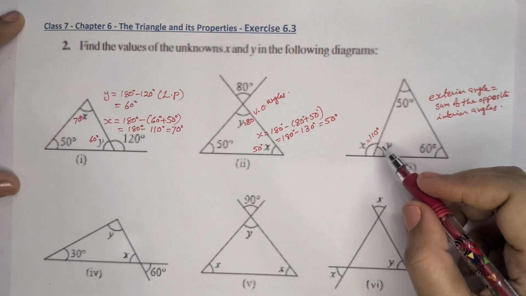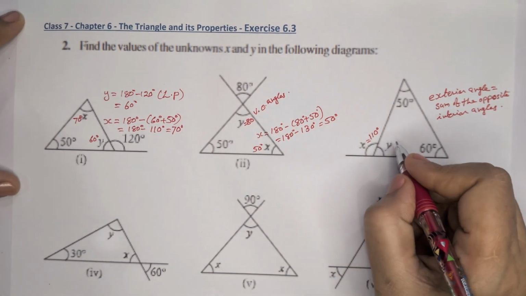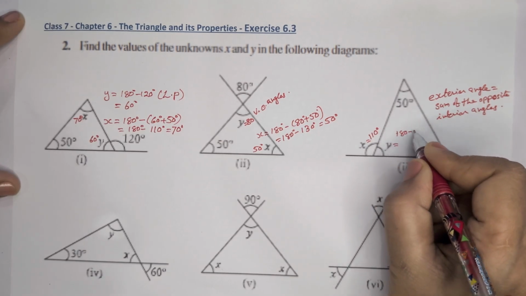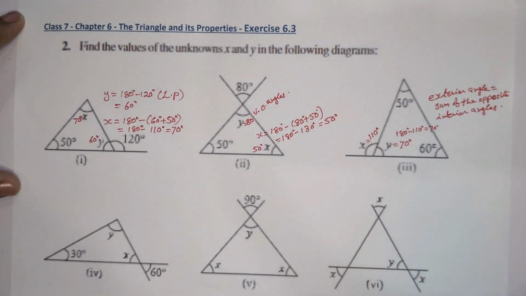Using that we can find x as 110. Then we can apply the linear pair. y is equal to 180 minus 110, which is equal to 70. So y is equal to 70 degrees.